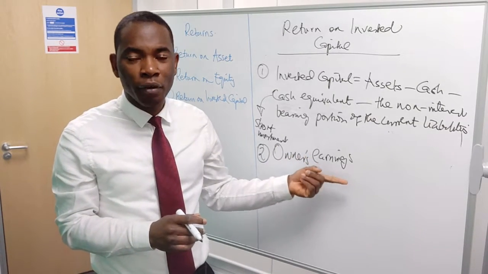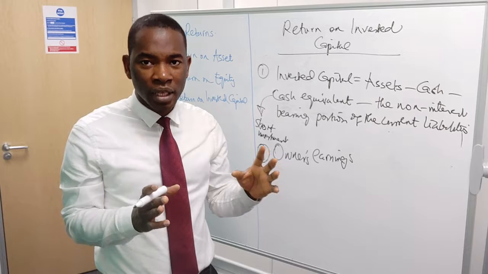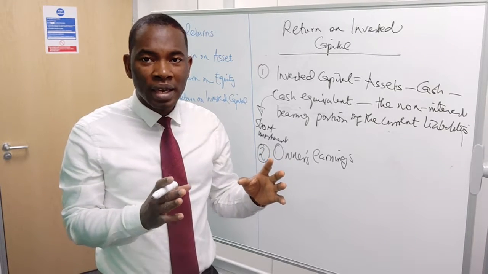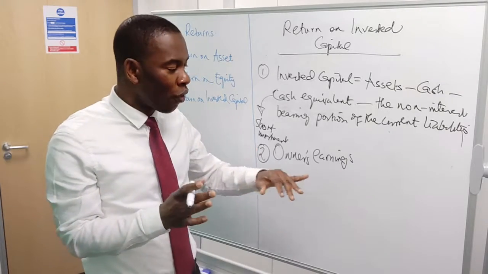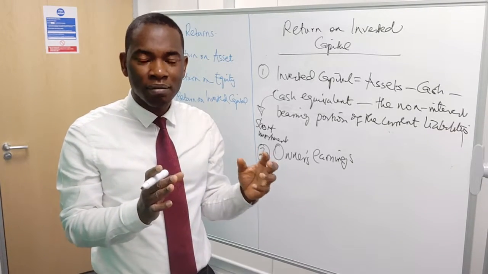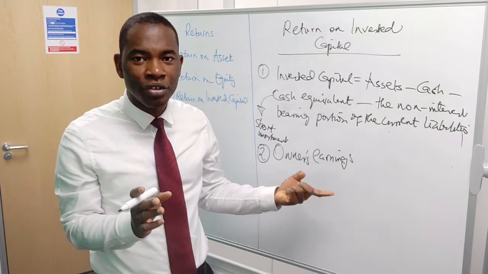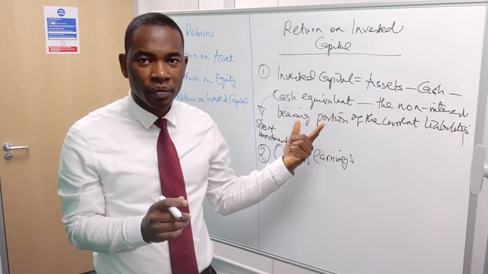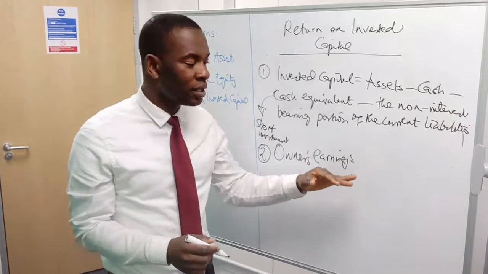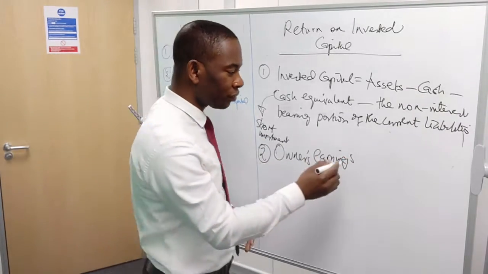This is quite different from your net income. Net income can be moved around, but your owner's earnings most definitely gives a truer picture of the performance of your company. So how do you calculate owner's earnings?